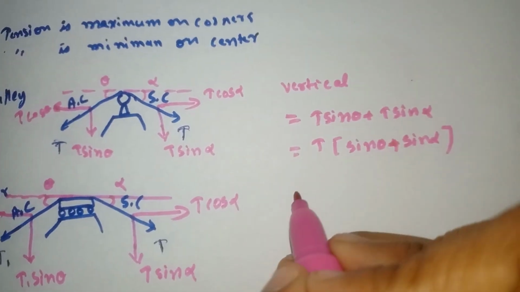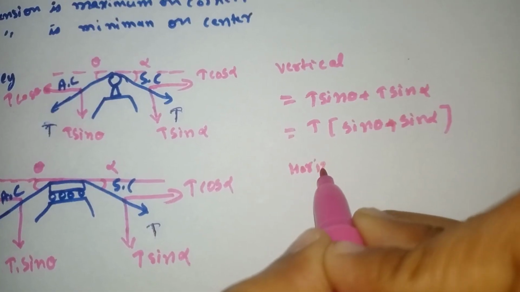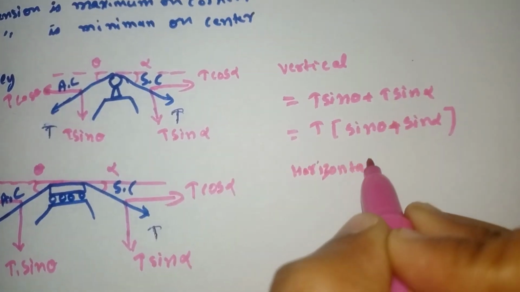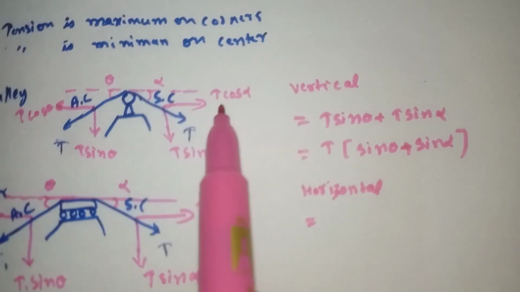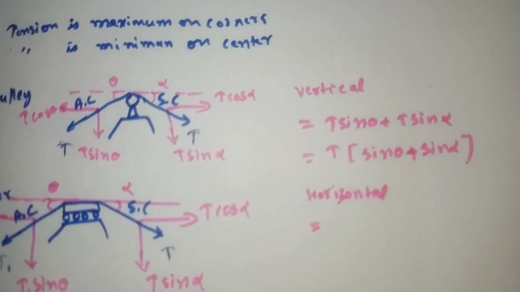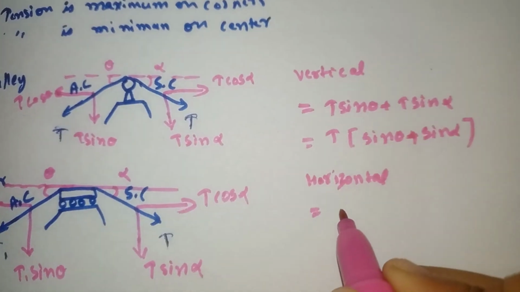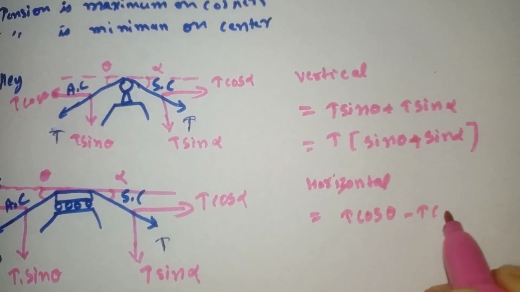Now we'll see it for horizontal. The horizontal forces are T cos theta as well as T cos alpha. These two are the horizontal. So T cos theta minus T cos alpha.